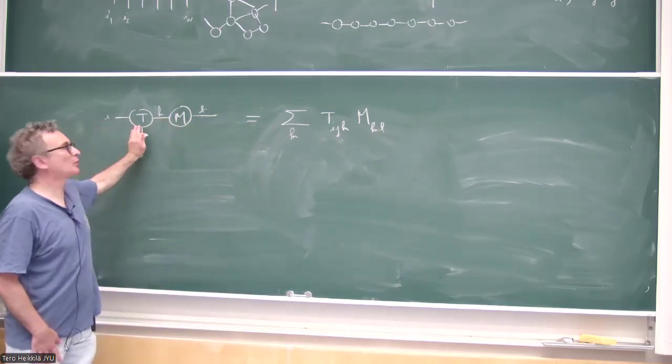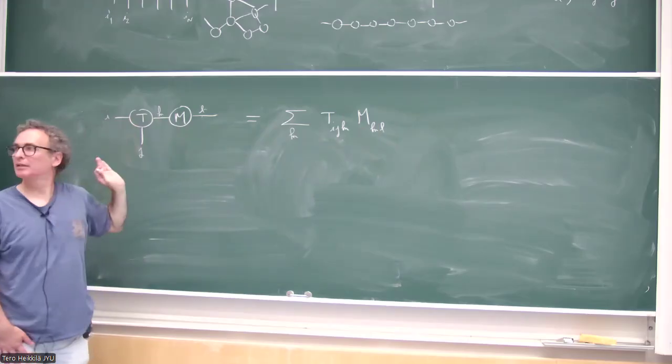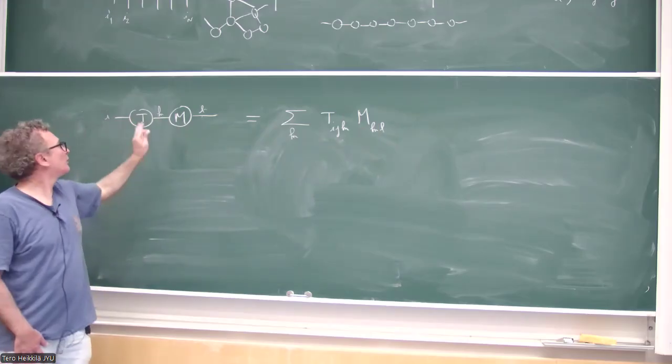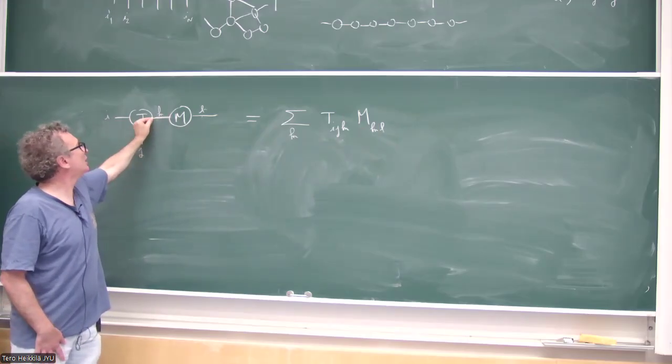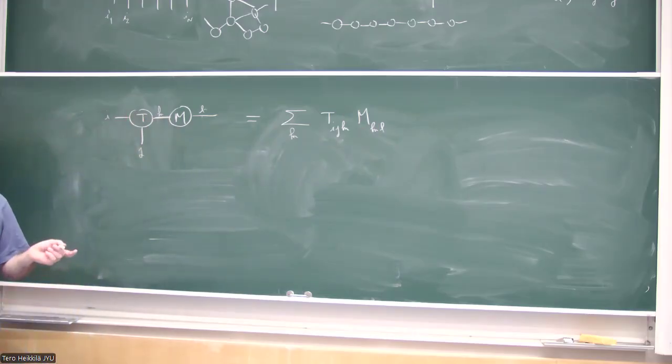If I remove this, you just get matrix multiplication. But here you have an extra leg. So essentially, it means that whenever I have two tensors, whenever I draw a link between one and another, it means I am summing over this index, as you would do in Einstein convention.